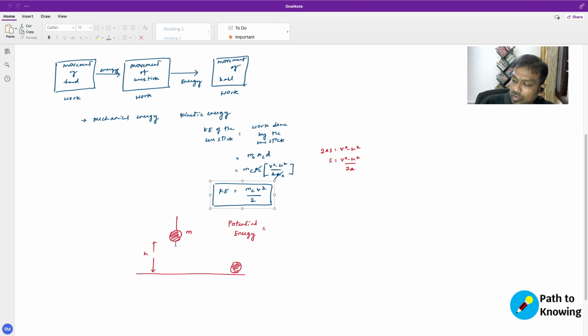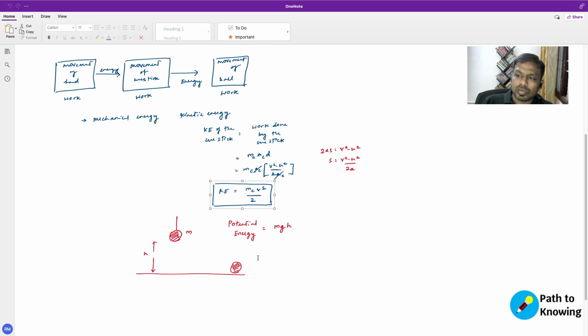And that force is going to be mg, right? m is the mass of this object and g is the gravitational acceleration. And if it is held at a height of h, then it will have to travel a height of h, right? So it is going to be mgh. So the potential energy of a particular object at rest is always mgh.